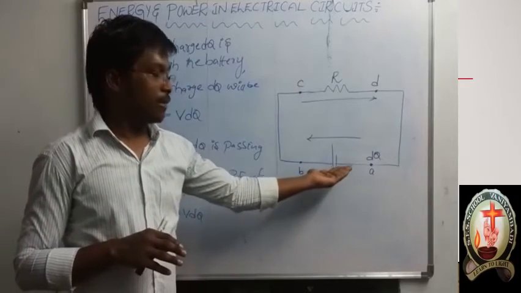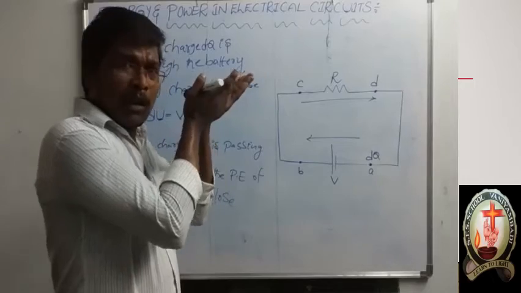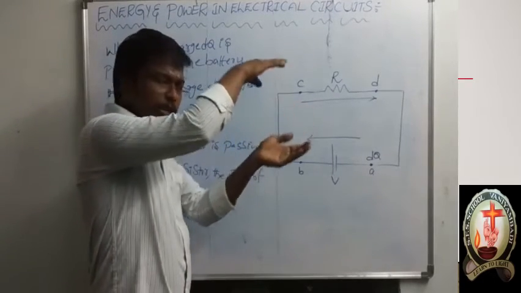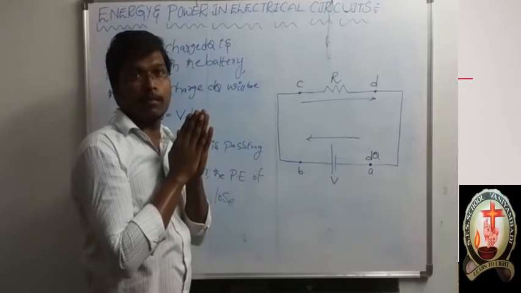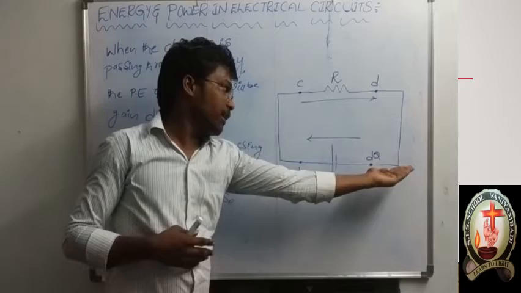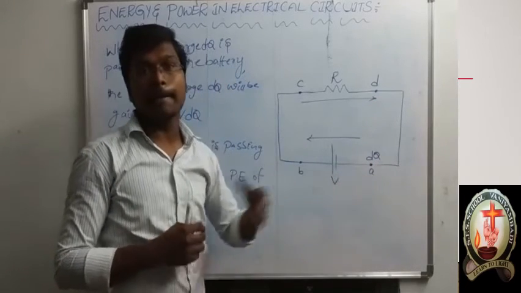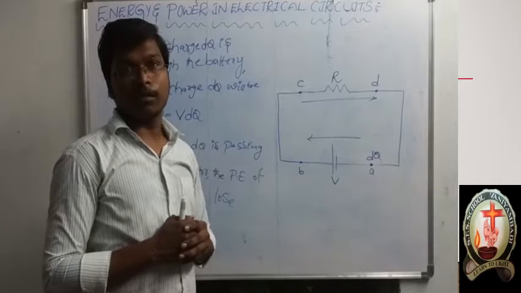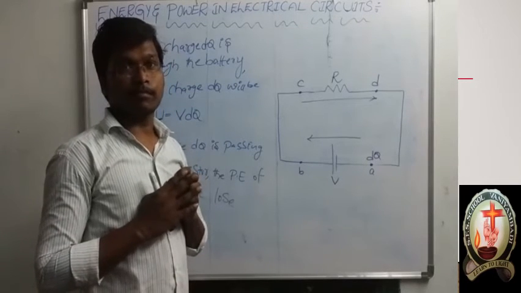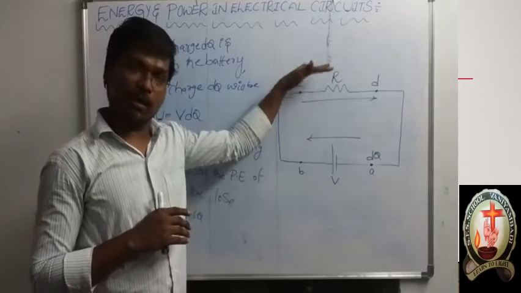First, while the charge is crossing the battery, potential energy is gained. Again, while crossing the resistor, the same potential energy is lost. So finally the same charge will reach point A. Here potential energy is gaining, here potential energy is losing.